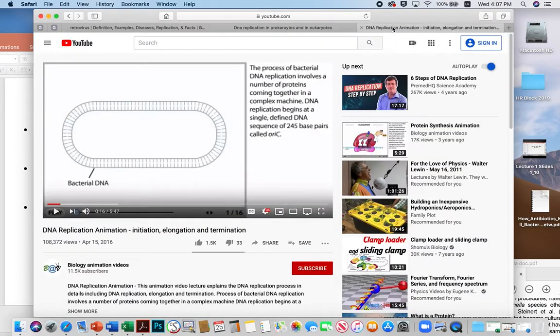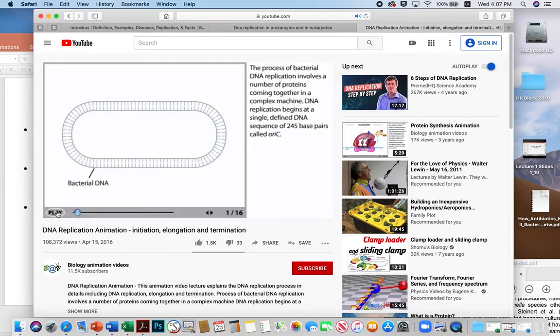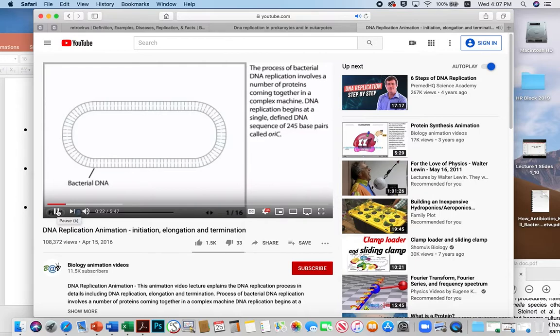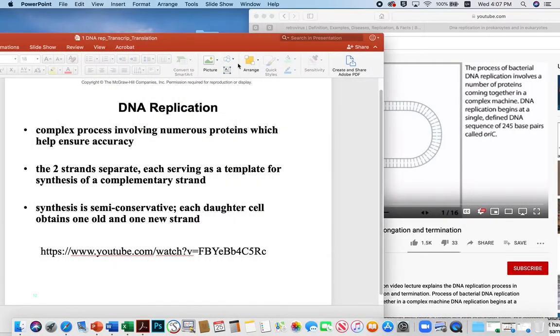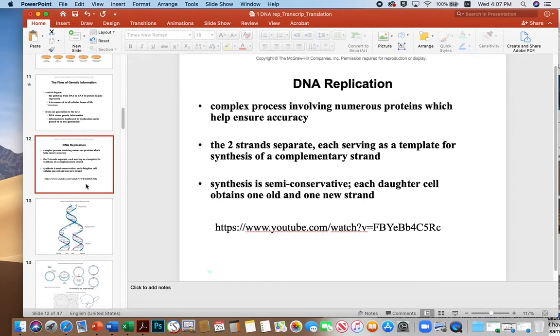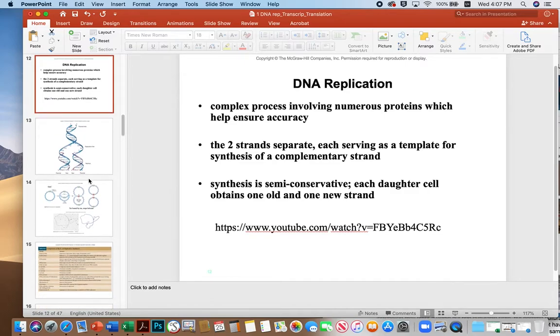It involves a number of proteins coming together in a complex machine. So again, I'm not going to play the whole thing, but you have the URL here on this slide. And so again, that'll hopefully help you with these next few slides.